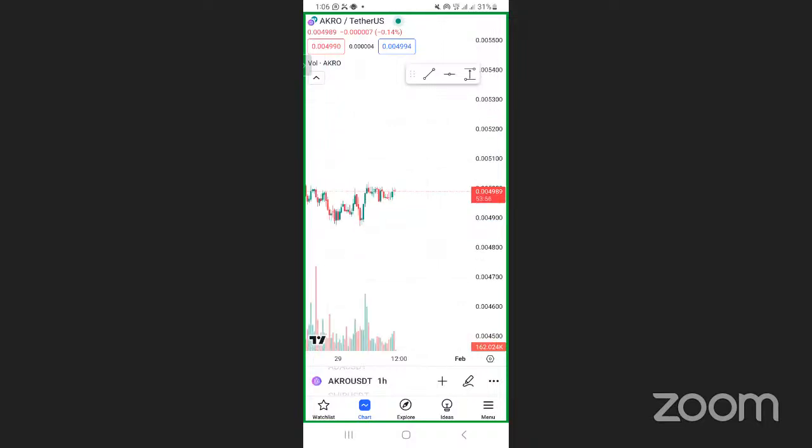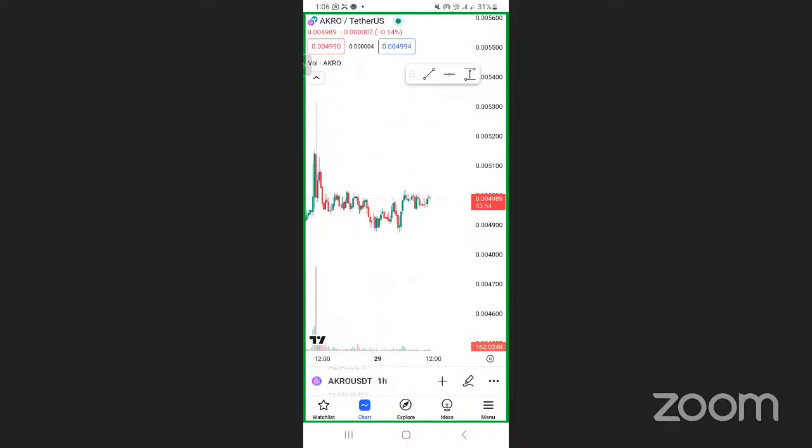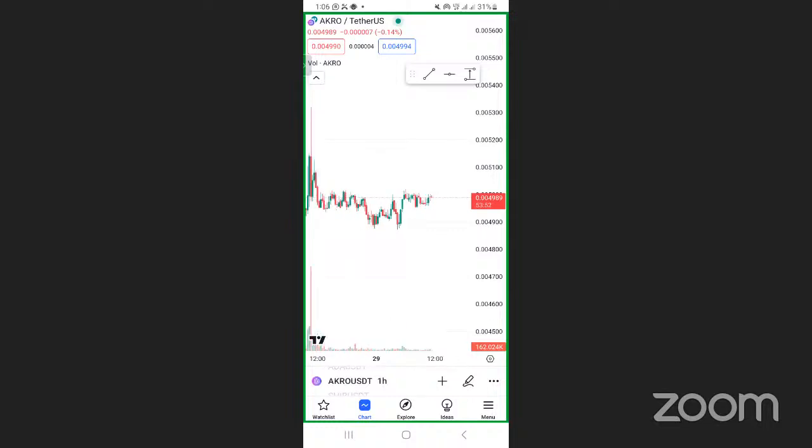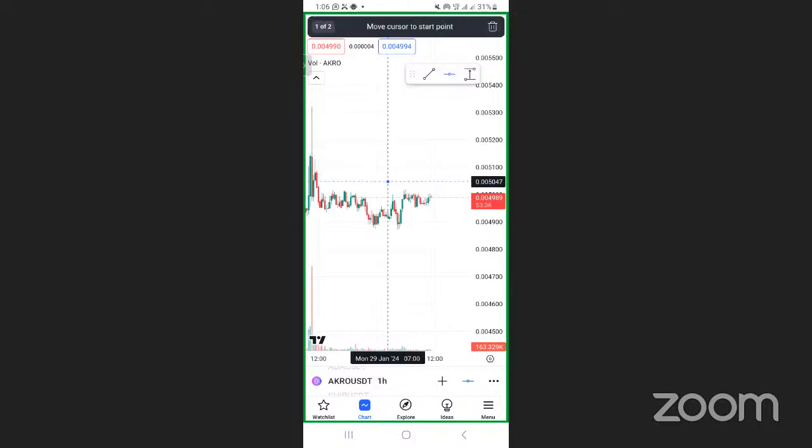What's happening with Acro, ladies and gentlemen? Is it ranging? Uptrending? If we look at this 1 hour chart with Acro, what's happening? It's ranging. So you bring your horizontal line and put it at the top of the range.